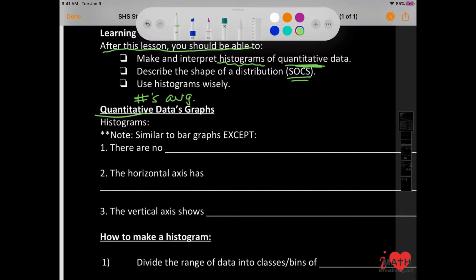That's what quantitative means. Note, it is similar to bar graphs, except for, number one, there are no spaces. So no spaces between the bars. Number two, the horizontal axis has numerical values.